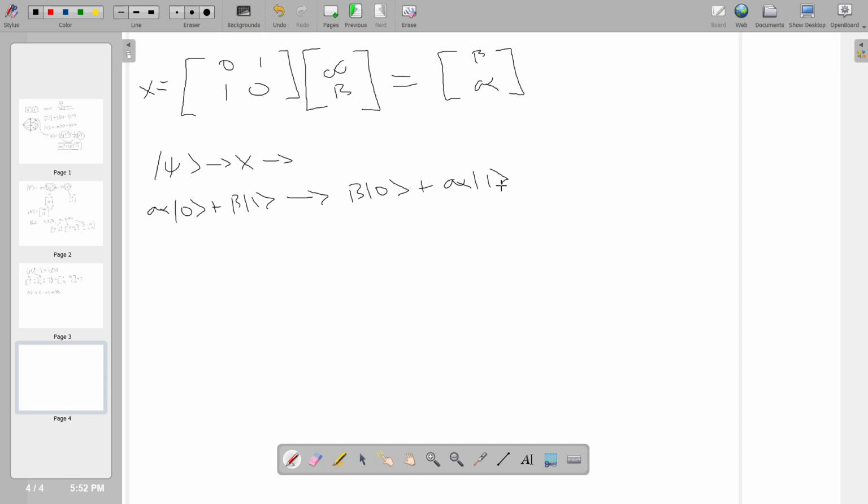This is sometimes called the quantum NOT gate, because if we consider these as just ones and zeros, if we have a pure spin up state, or alpha equals 1, beta equals 0, then we reverse them. That makes it completely spin down, which is the state. So we can see, flipping these reverses this operation.